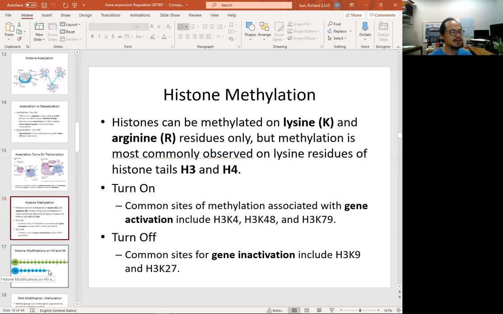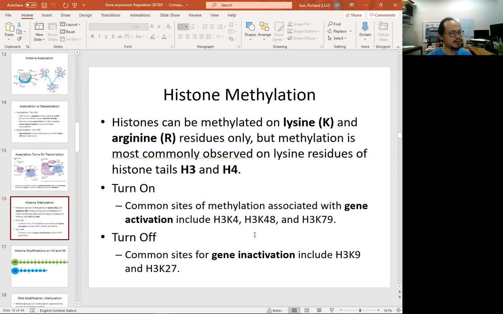So the quick question would be, where is histone methylation most commonly observed in the histone? It's on histone 3 and histone 4, H3 and H4. They are decorating this methyl group onto the lysine and arginine.